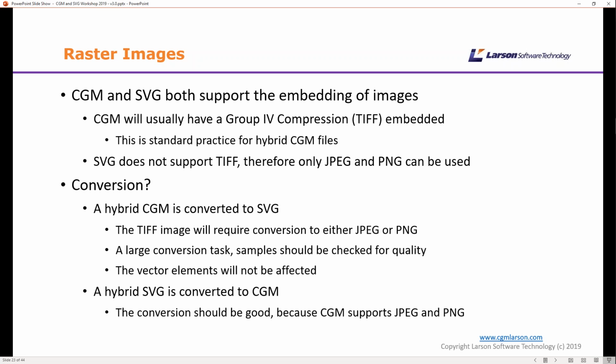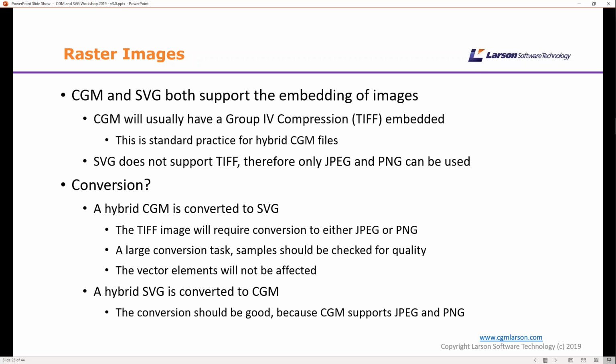It only supports JPEG and PNG. So if you're doing a conversion, you have to be aware that TIFF is going to be converted to one of those two formats. So I'd always advise to do a sample first, because it could affect the quality in some way or the file size. But that would have to happen as part of a conversion. So it would change the raster file to JPEG or PNG.